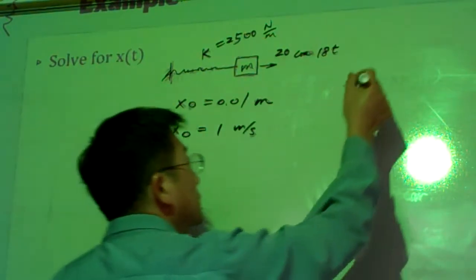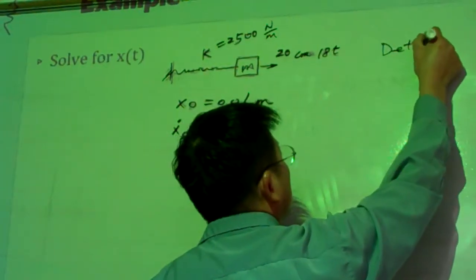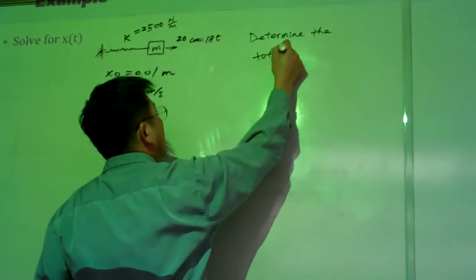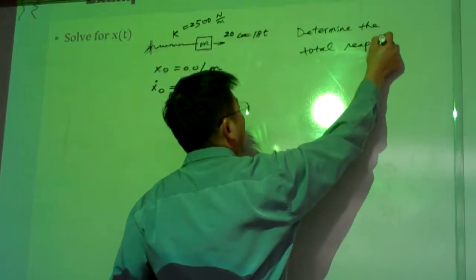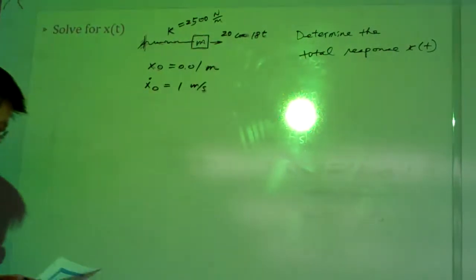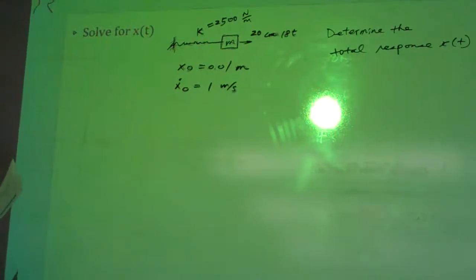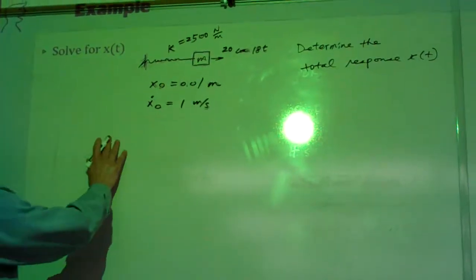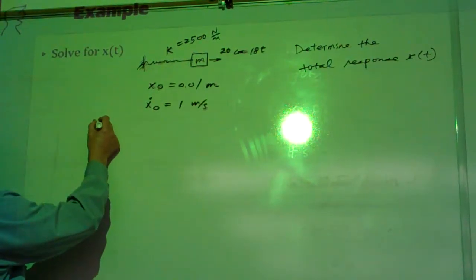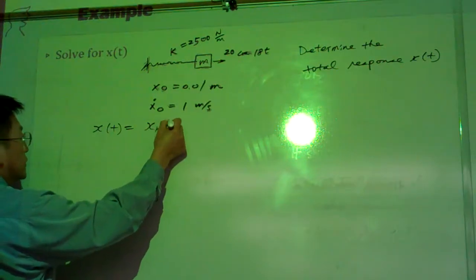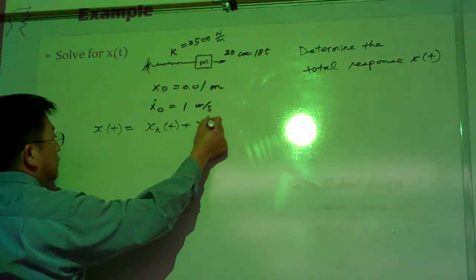Okay, so we want to determine, right now we write it up in the form. So the total response we know is the transient response and particular response.